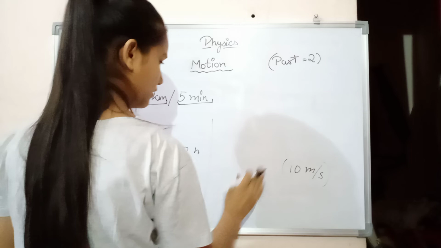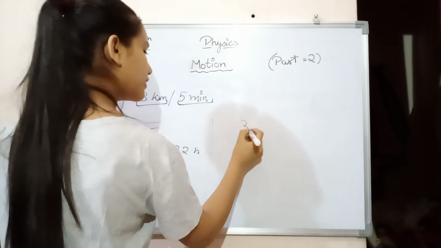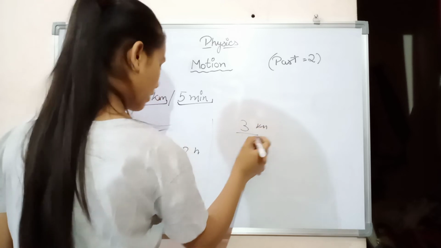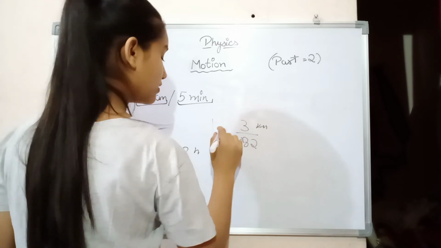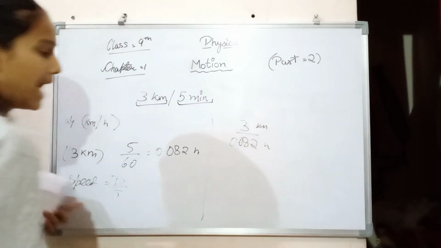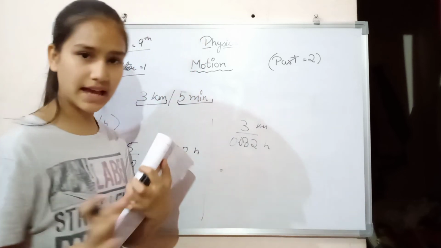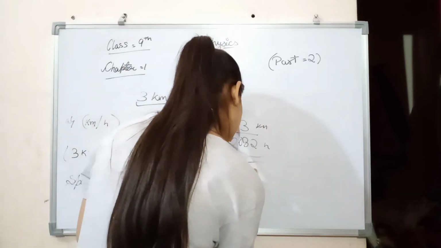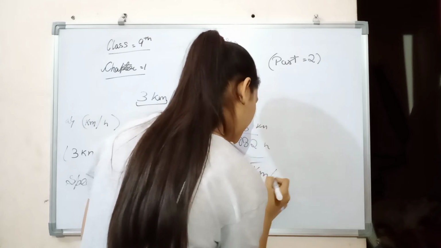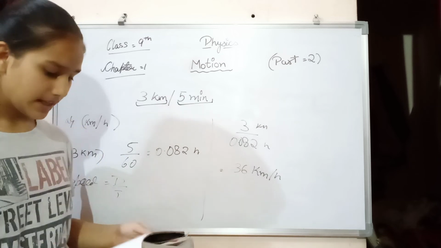So we know that distance was 3 kilometers upon 0.082 hours. And if we calculate this, we will get the approximate speed, which is 36 kilometers per hour. So this is how we will calculate the speed.